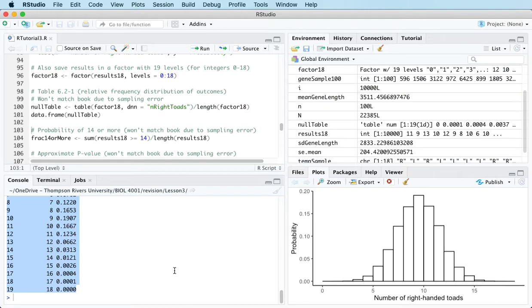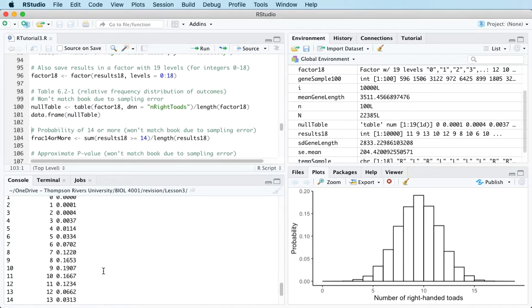So data that shows as great or greater difference from the null hypothesis, well, we discussed that earlier. We said that 14 right-handed toads would be as great of a difference. 15 would be greater, and 16 and 17 and 18.